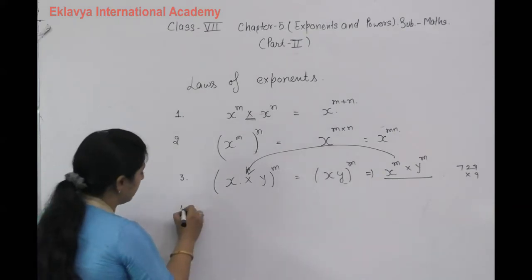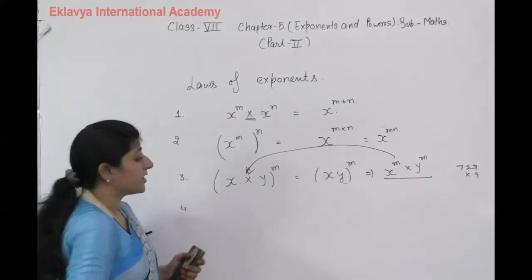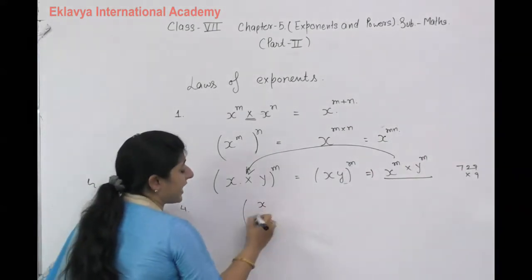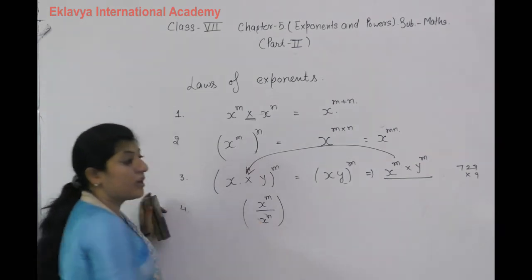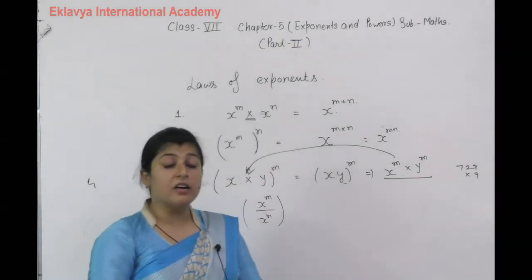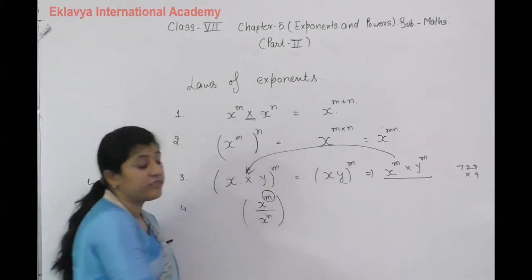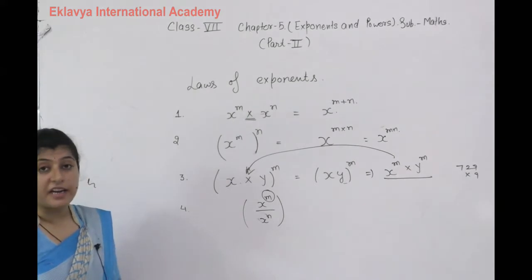Now see, the fourth one: how to find the quotient? Suppose x power m upon x power n is given to you. Then how do we find the quotient? If you see properly, how many factors are here? m. How many factors are here? n.